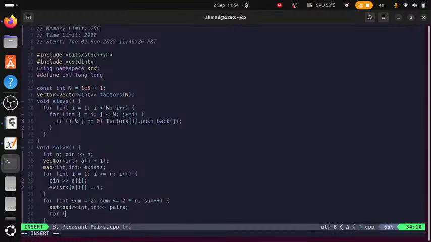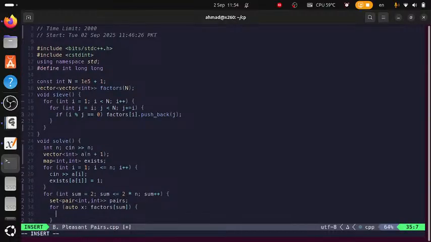So for auto x in factors of that sum, and then we say pairs dot insert, and we first insert the minimum of x and sum divided by x, then we insert the maximum of them.